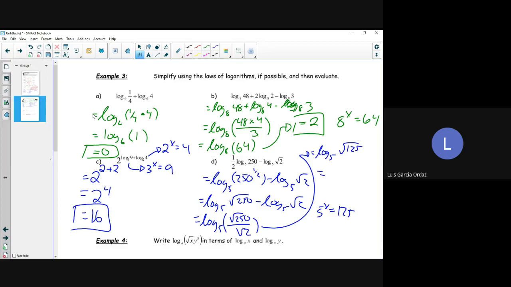So we get log base 5 of root 5 to the 3. And then all we have to do is simplify that. So we get log of 5 to the 3 times 1/2, which means this expression is equal to what value?